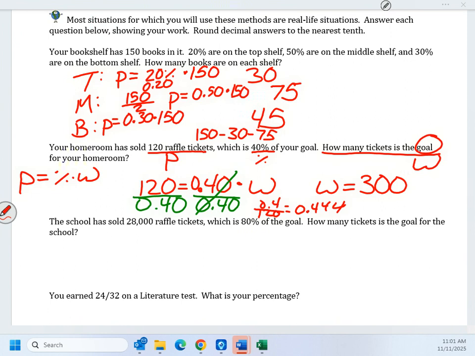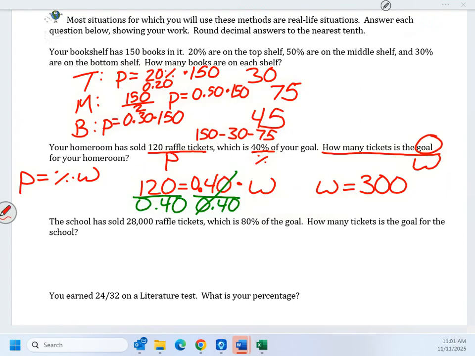Always ask yourself, does my answer logically make sense? If it does not, it's a good chance we put our numbers in the calculator incorrectly. So always ask yourself, does it make sense?